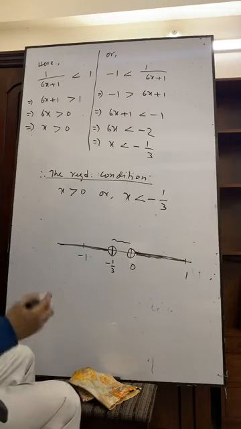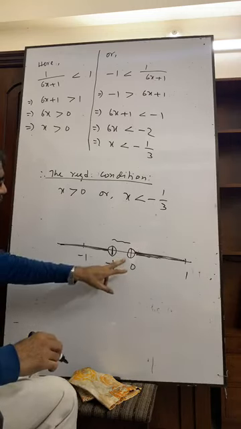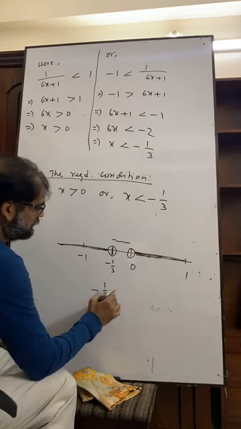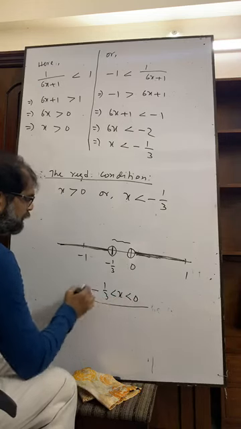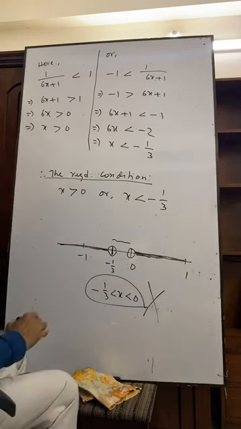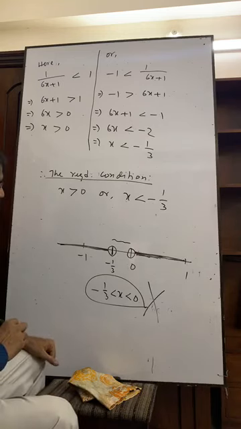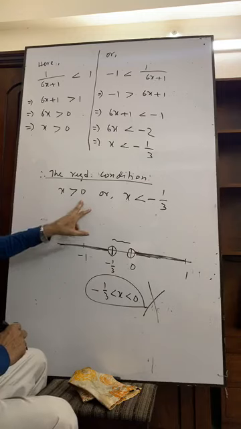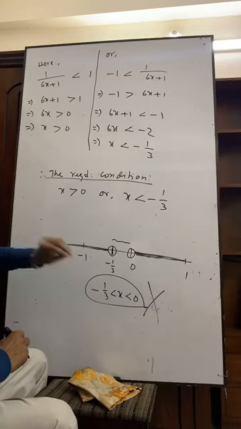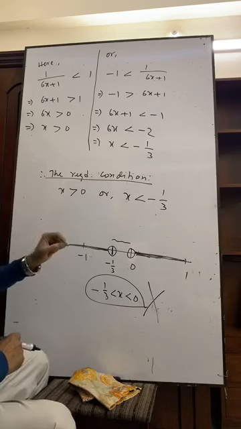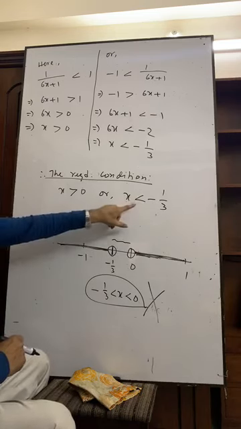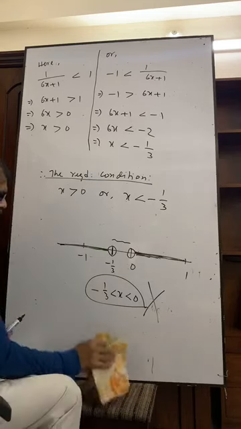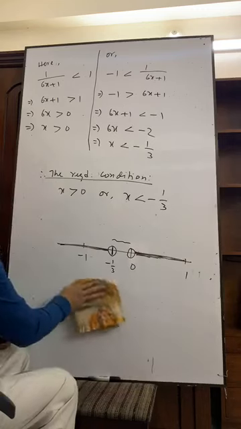There is no value of x here. But students write minus 1 by 3 less than x less than 0. Can we combine it? No, we cannot combine it. So the answer will be only this: x greater than 0 or x less than minus 1 by 3. We are bound to write this. Please don't write the other.